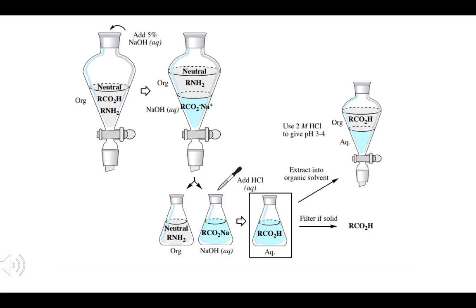Your carboxylic acids, amines, ketones, and alcohols are always in the organic layer. The goal of acid-base extraction is to ionize the chemical you're targeting by changing the pH, so it will migrate towards the aqueous layer.